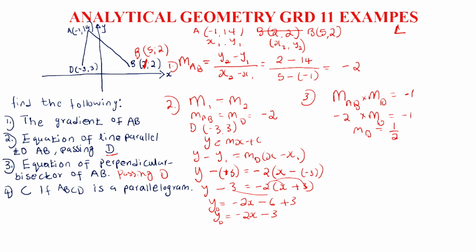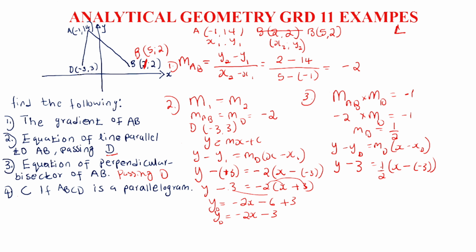Then we're going to come to our equation and substitute, because we know it's passing through D. Let me say D here to be more specific. Y minus the point of D, Y is 3, equals half, which is this perpendicular gradient, times X minus, minus 3, close bracket.